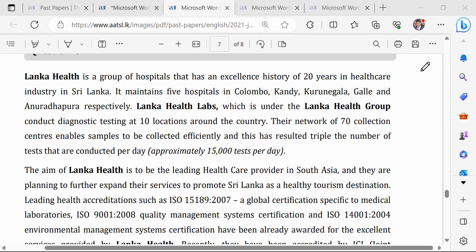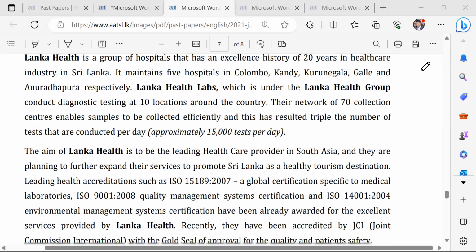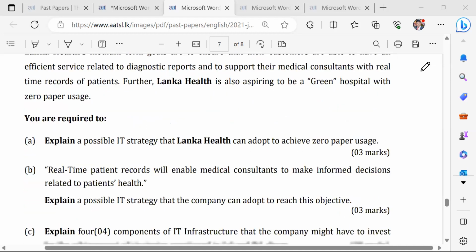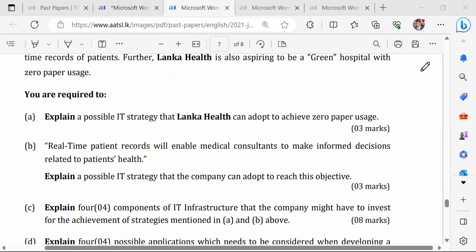They can implement ERP systems, enterprise resource planning systems. By implementing enterprise resource planning systems, this company can connect all departments over a single database and streamline the process. And they can accept payments online.